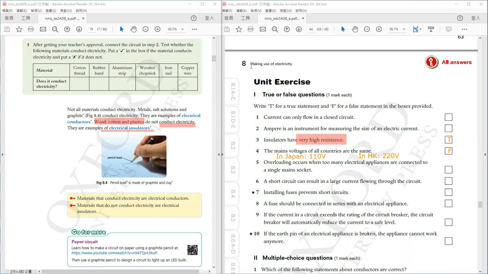So for overloading, remember this is a unit exercise. That means it covers all the sub-chapters in this chapter 8, so you sometimes have to flip to different pages to understand it.